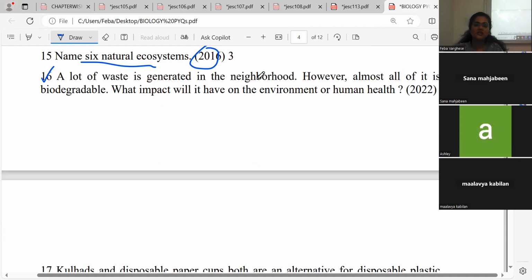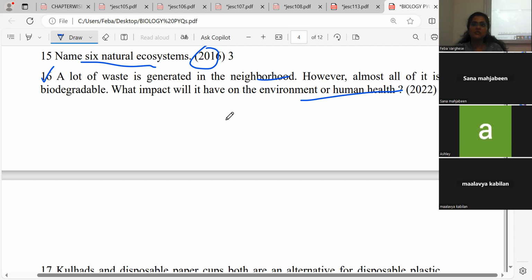A lot of waste is generated in the neighborhood. However, almost all of this is biodegradable. What impact will it have on the environment or human health? If there are sufficient decomposers, and they decompose it into useful materials, it's not going to have a negative impact on the health of human beings.